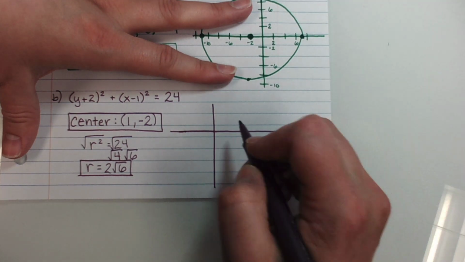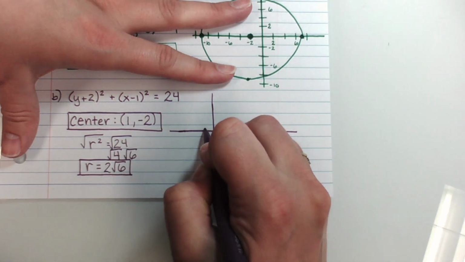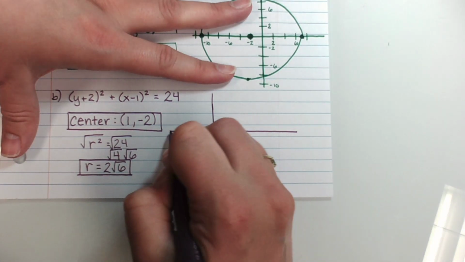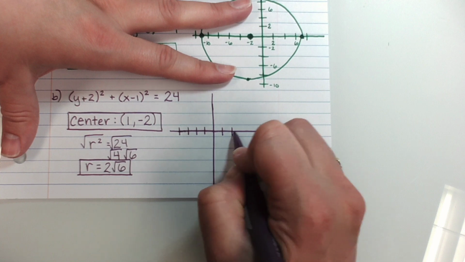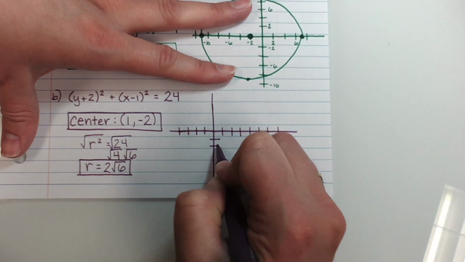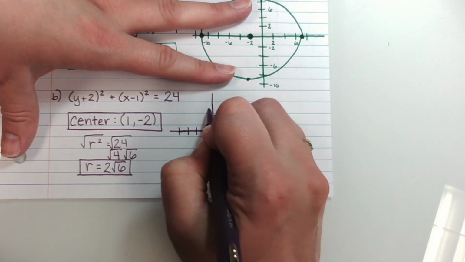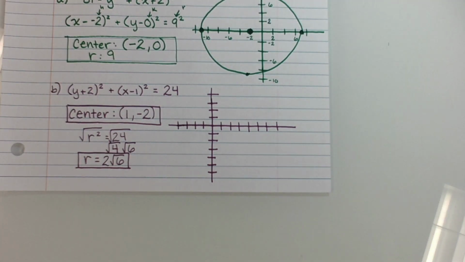With the center and radius of this, I could probably count by ones and be perfectly okay. If you do not put a scale on your graph, I'm going to assume that your scale is 1. So, since I'm going to be counting by ones, I'm not going to put a scale on it.